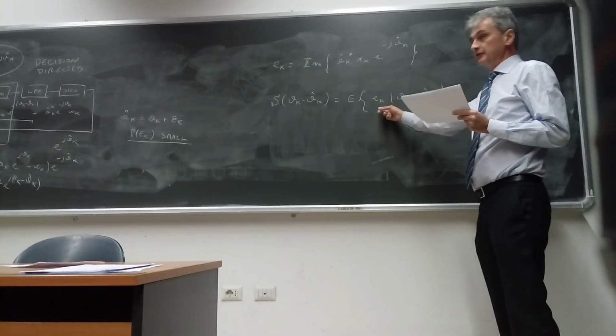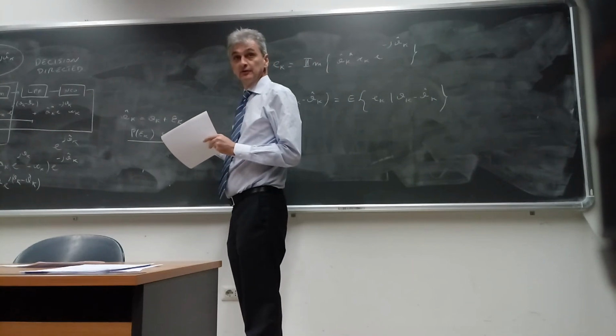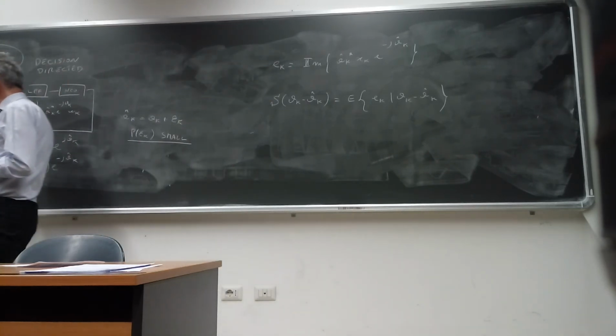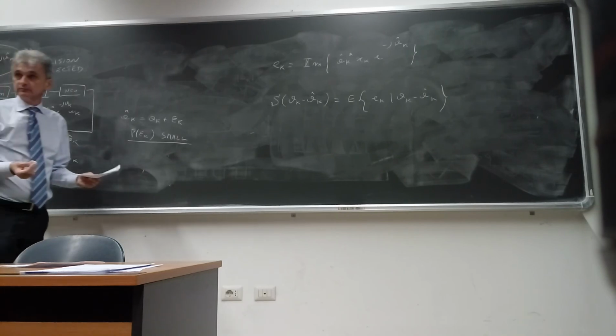Well, this expectation will depend on the probability of error. Suppose that the probability of error is large. If it is large, basically here I'm putting in place of hat A a random signal. So I multiply the input by a random signal. Well, the imaginary part of this product will have nothing to do with the phase error. So the S-curve will be 0.